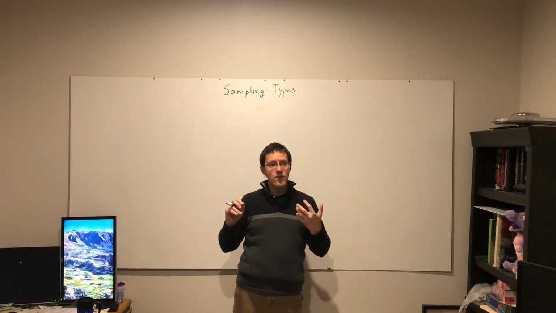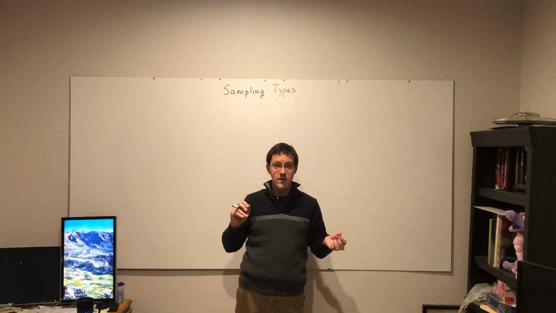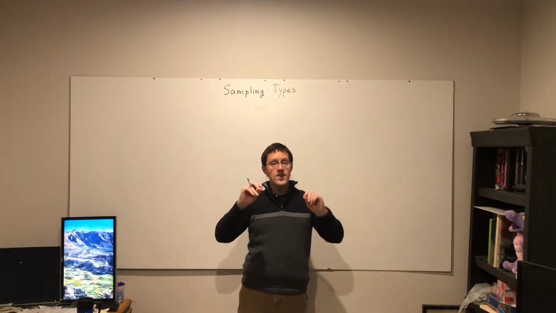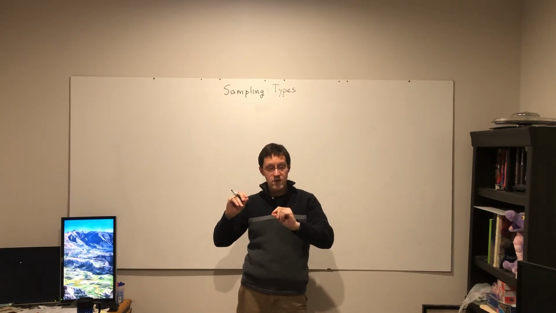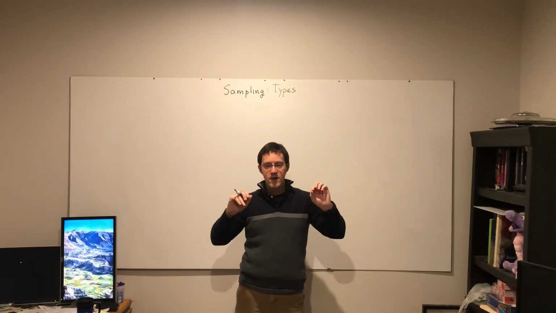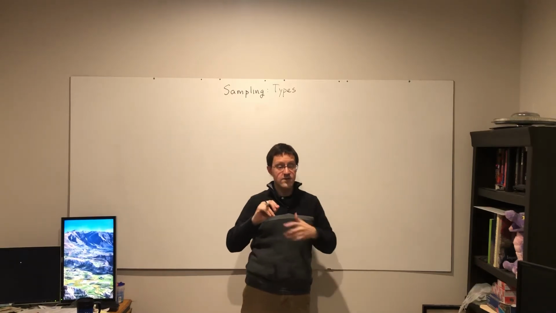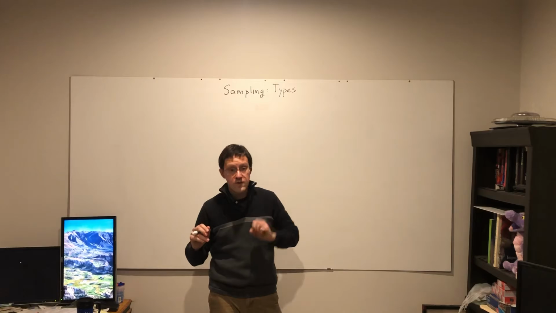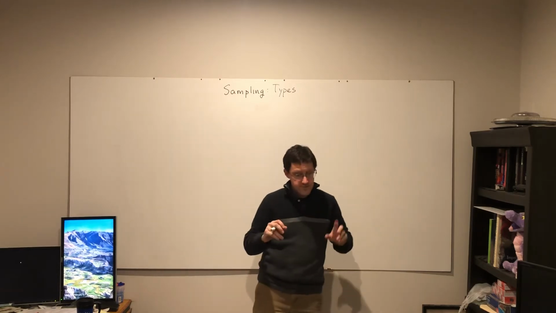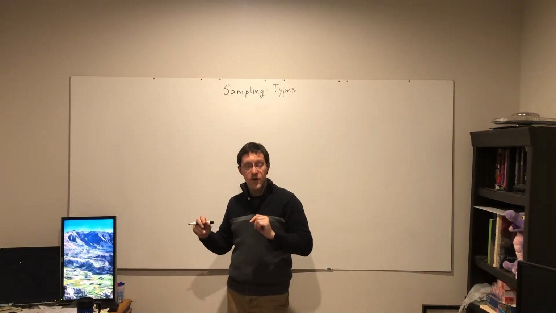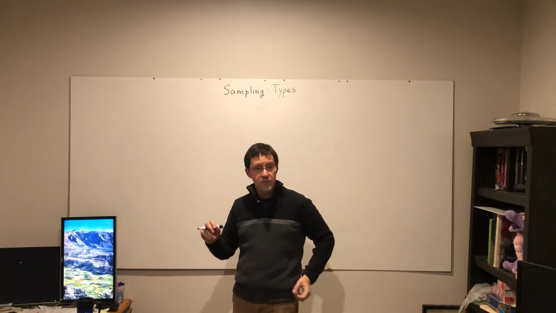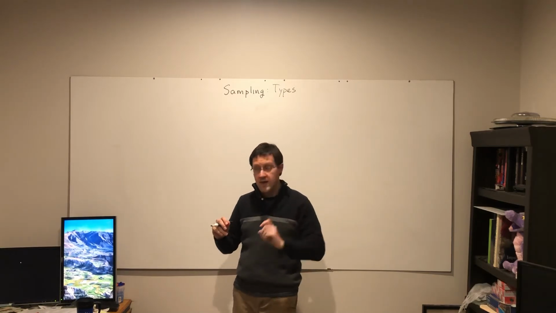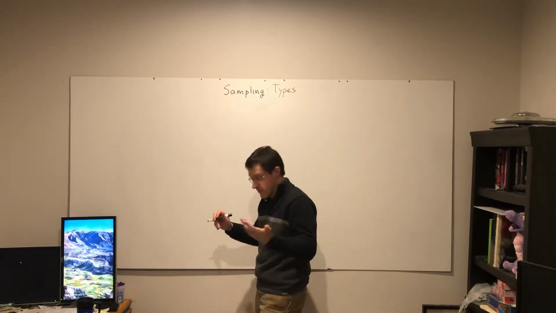Then once we have those parameters, those ideas in mind, we then can go and decide which of the different types of sampling we would want to use. So now moving on to that, the first type of sampling is true random sampling.